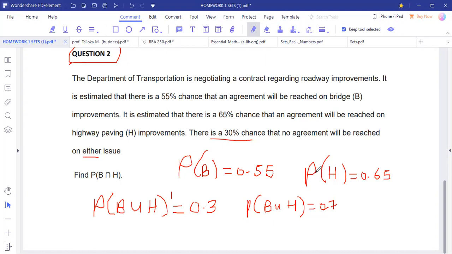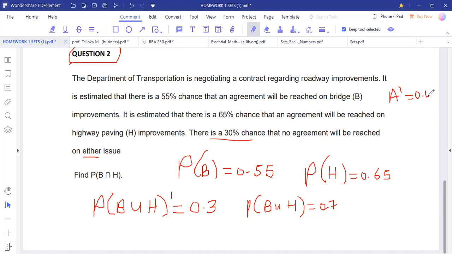If, for example, the probability of A complement is 0.4, who can give me the probability of A?